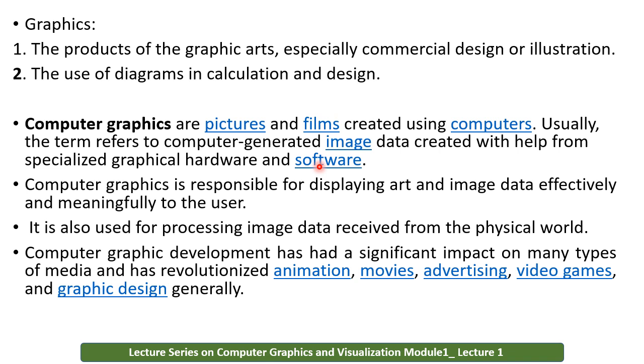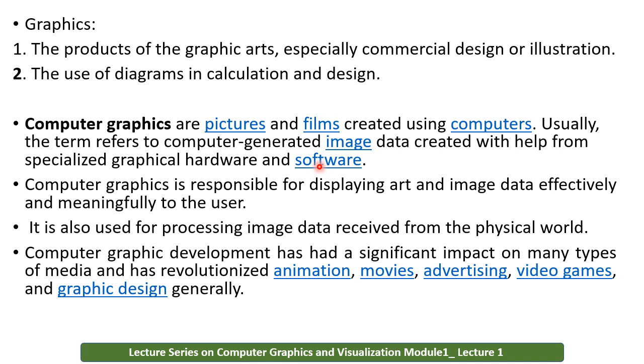So it is also used for processing image data received from the physical world. For the physical world, whatever images we see, for example buildings, trees, any entities we have in our day-to-day life, all those things will be received, processed and converted into computer generated images.